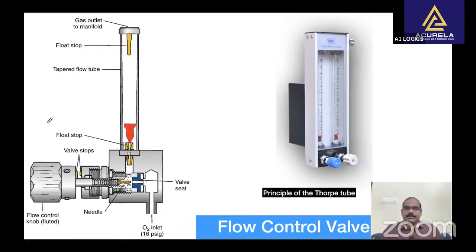Turning the stem of the flow control knob creates a leak between the pin and the valve seat, so that the gas flows to the outlet, pushing the bobbin or float upwards. The stop collar prevents over tightening of the pin in the seat.